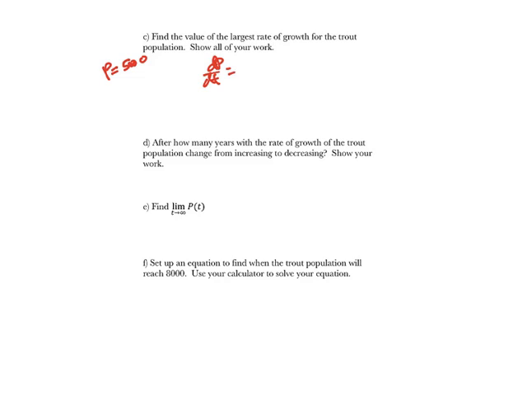So we know that dP over dt equals Kp times the quantity 1 minus P over M. So dP over dt equals K, which is 1.1856, times P, which is 5,000, times 1 minus P, which is 5,000, over carrying capacity, which is 10,000.